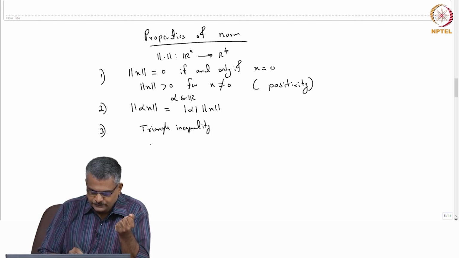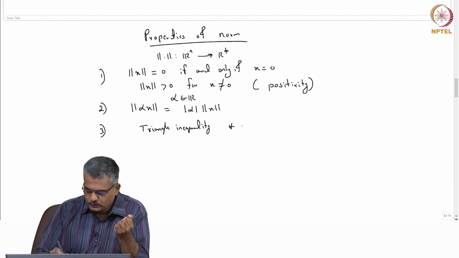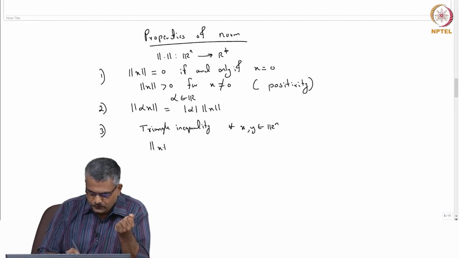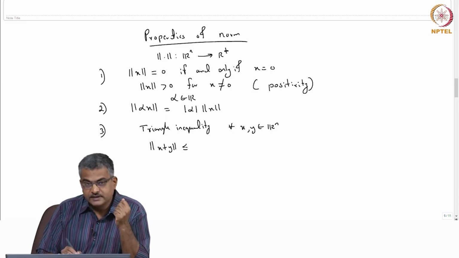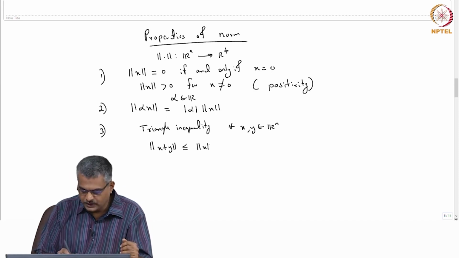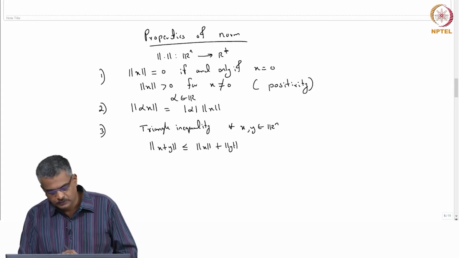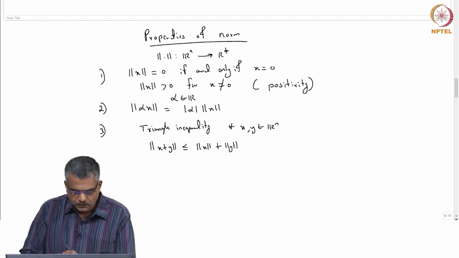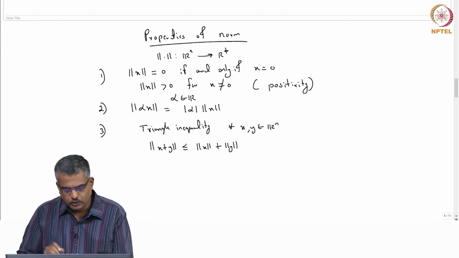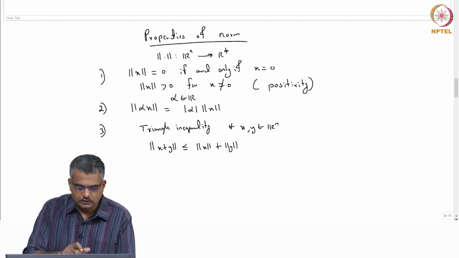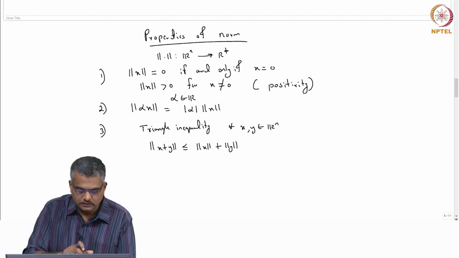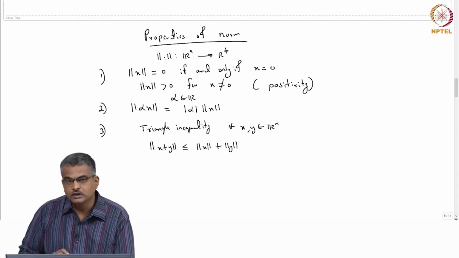What does it say? For every x and y in Rn, norm of x plus y is less than or equal to norm of x plus norm of y. So, these are the three properties for this function to qualify as a norm.